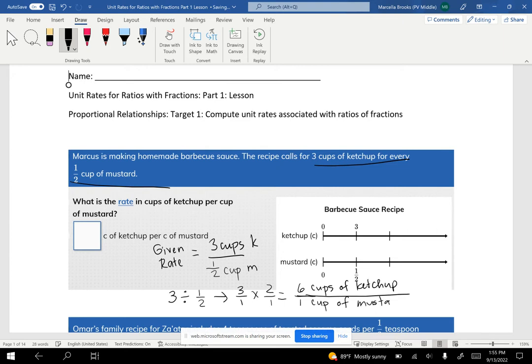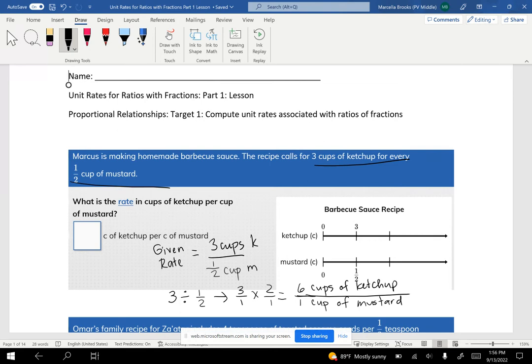Yes, ketchup and mustard are both in barbecue sauce. Barbecue sauce is pretty much made out of every sauce that you can think of, all mixed together, and that's why it's so good. So we got the rate 6 cups of ketchup per 1 cup of mustard. Okay, so that's our unit rate because we have 1 on the bottom.